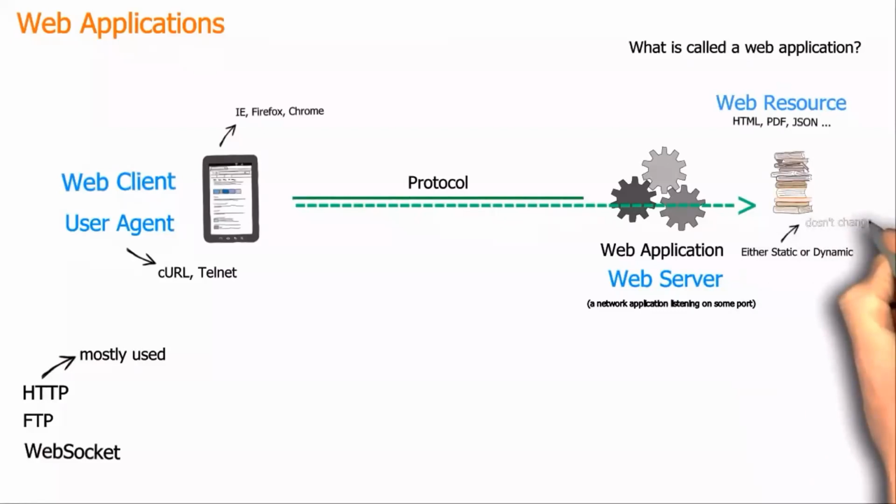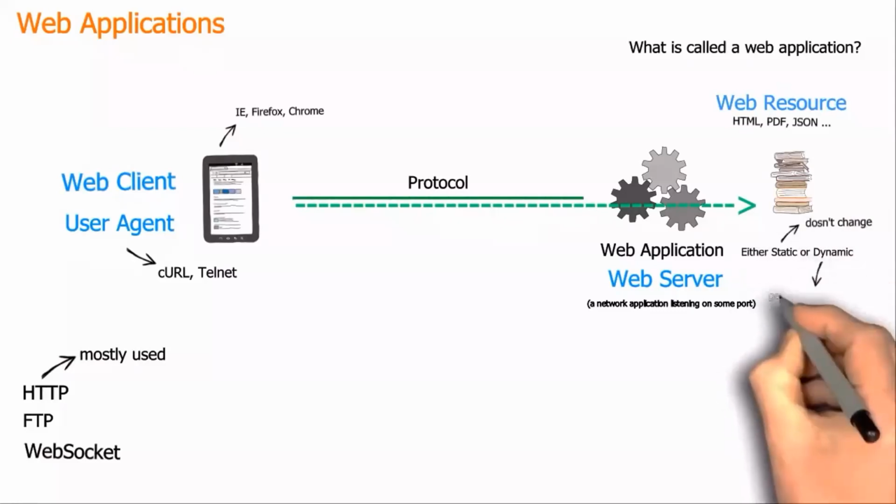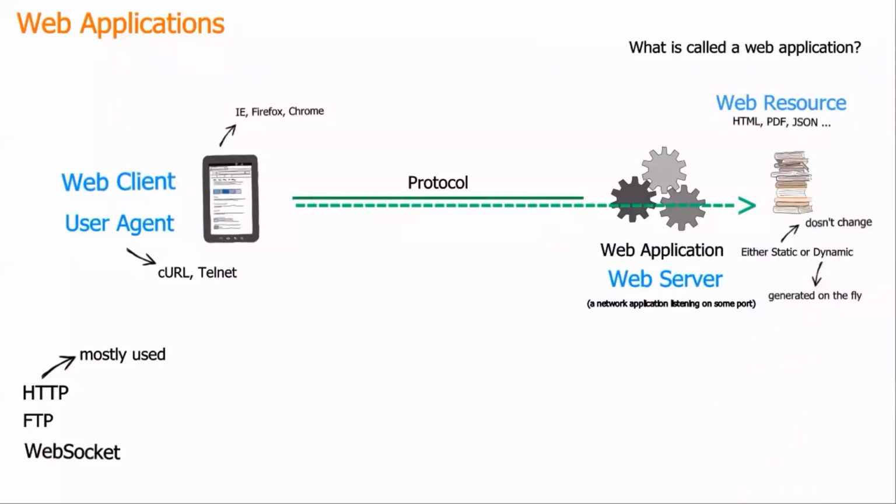In contrast, a dynamic resource is generated on the fly, in the sense that when a request for a dynamic resource comes from a web client, the web server builds the resource on the fly. For example, suppose a web server has a resource which embeds the current time, either in a JSON or some XML document or an HTML page or whatever.